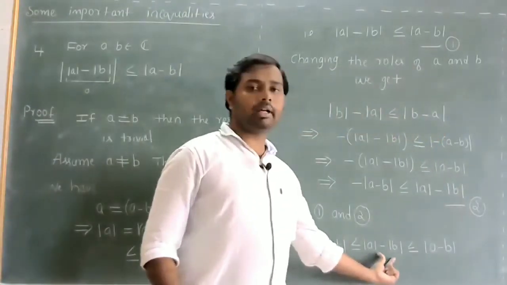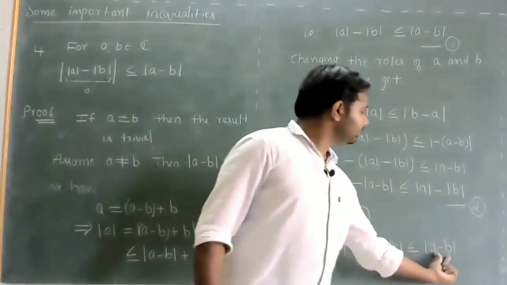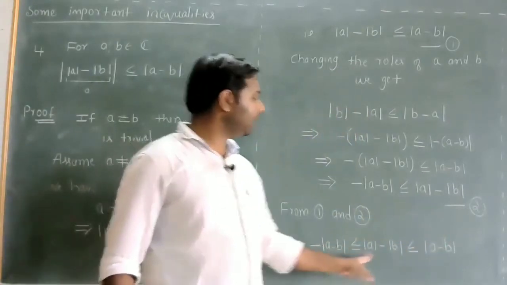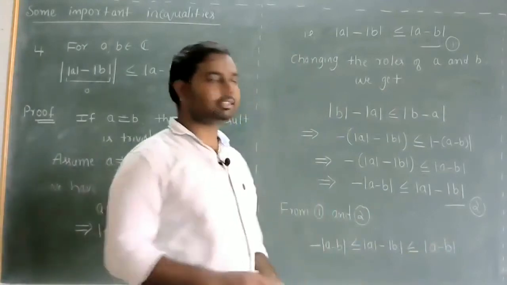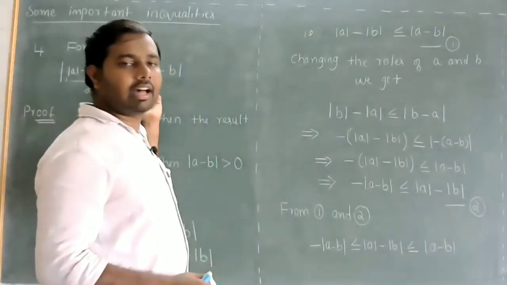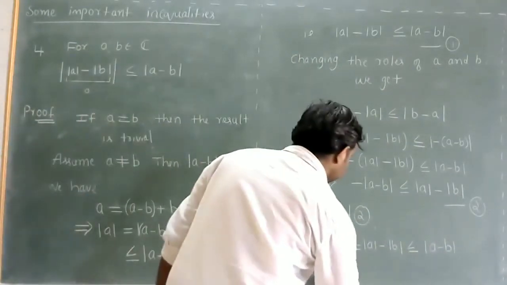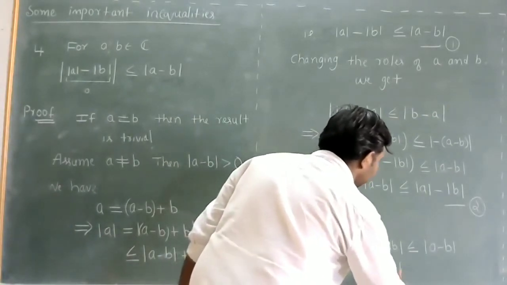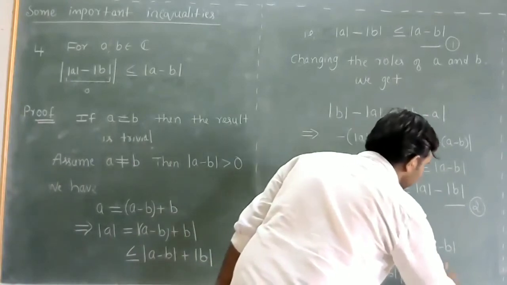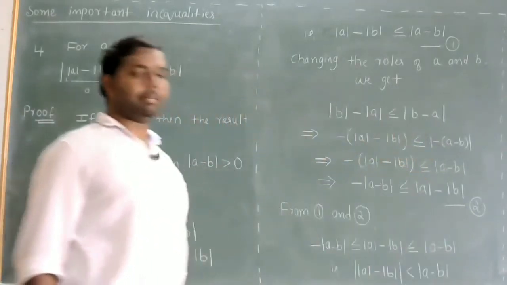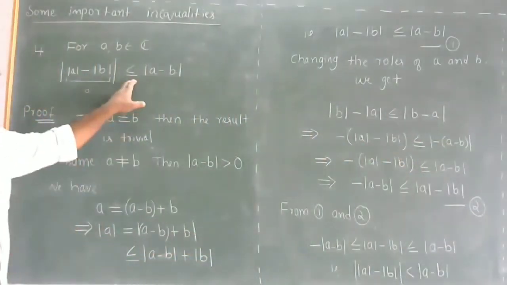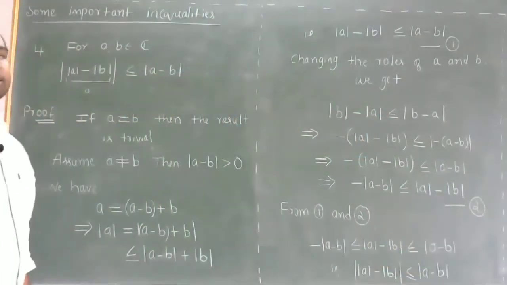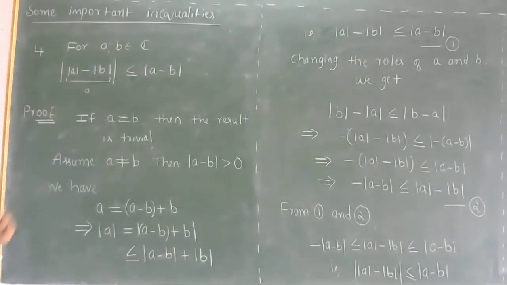This real number lies in between minus of modulus of A minus B and plus of modulus of A minus B. So from the third inequality which we have proved, the absolute value of this real number is less than or equal to modulus of A minus B, which proves the fourth inequality.